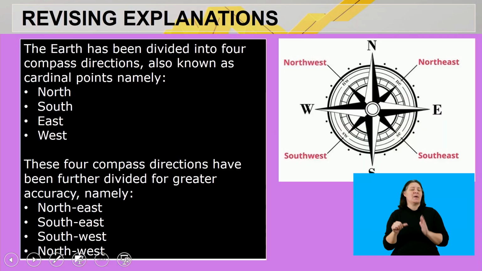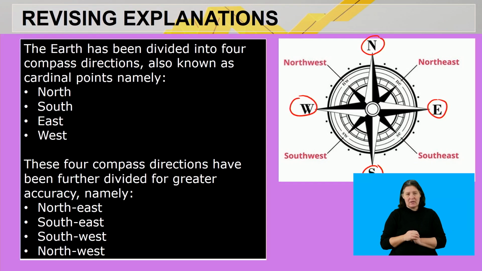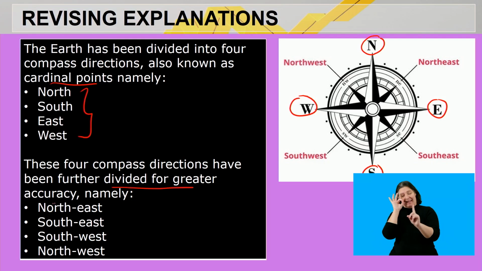Right, let's look at other important information and explanations. It says here, the Earth has been divided into 4 compass directions. As you can see on our right-hand side, there are the 4 main compass directions: north, south, east, and west. This is also known as your cardinal points. Then these 4 compass directions have been further divided, for greater accuracy.